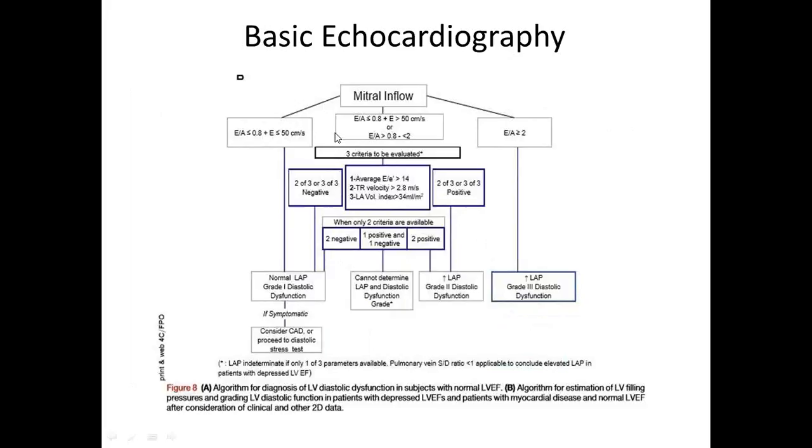All right. So the next scenario, if the E to A is greater than or equal to 2, no question asked, restrictive physiology. So we know, because these are patients with diastolic dysfunction, and if your E to A is greater than or equal to 2, restrictive physiology, no question asked, elevated left atrial pressure, grade 3 diastolic dysfunction.